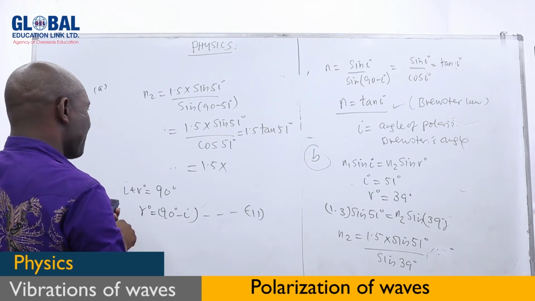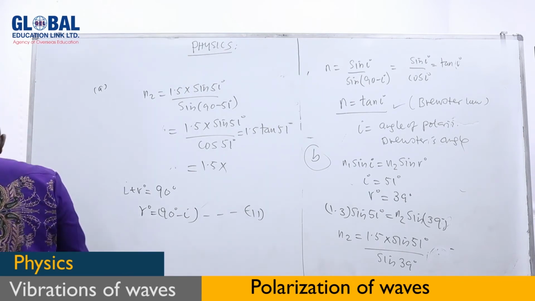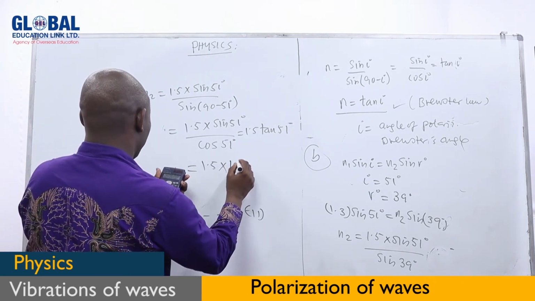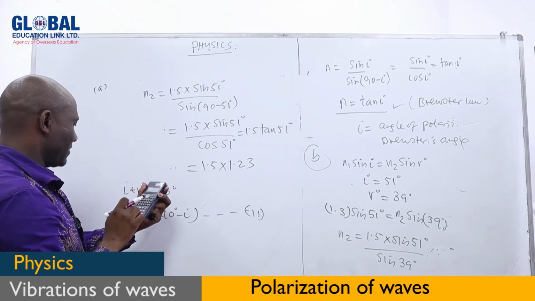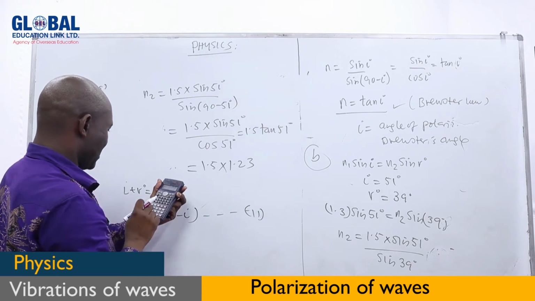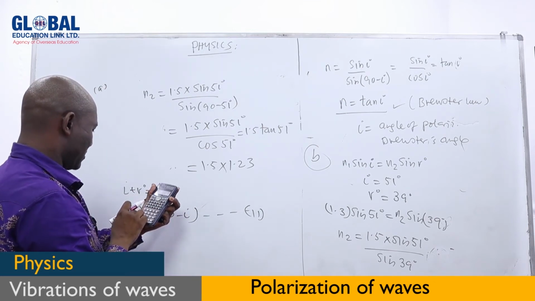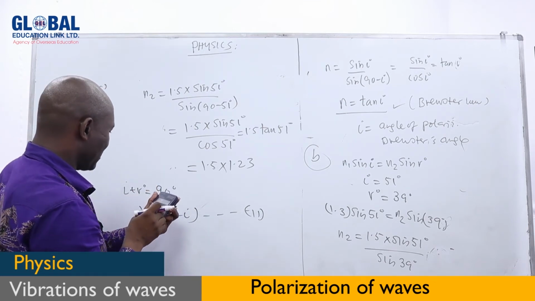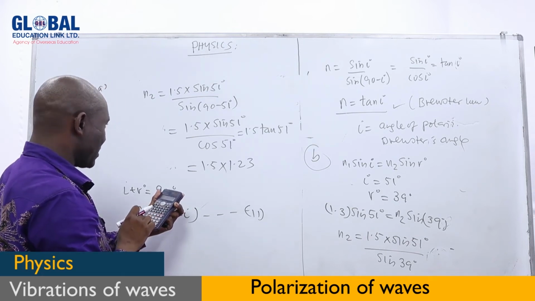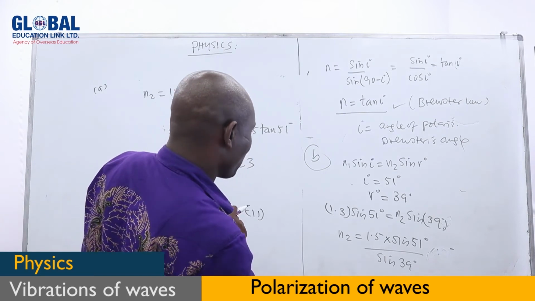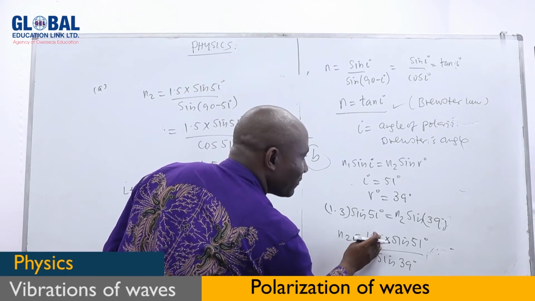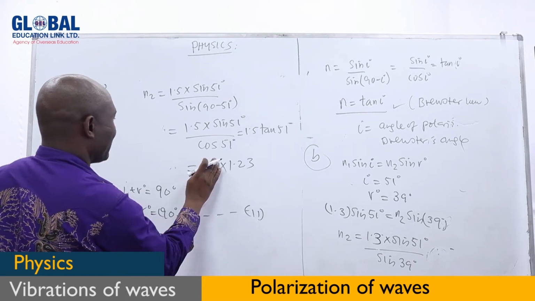And then multiply by 1.3. The refractive index of water is 1.3, not 1.5.